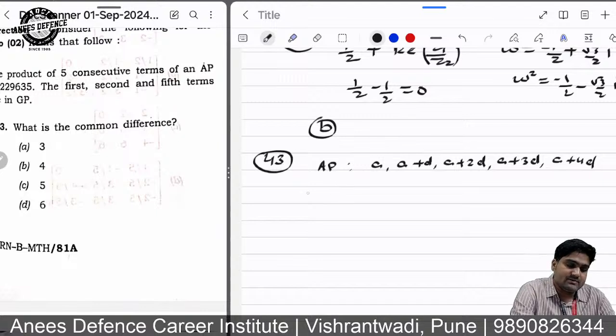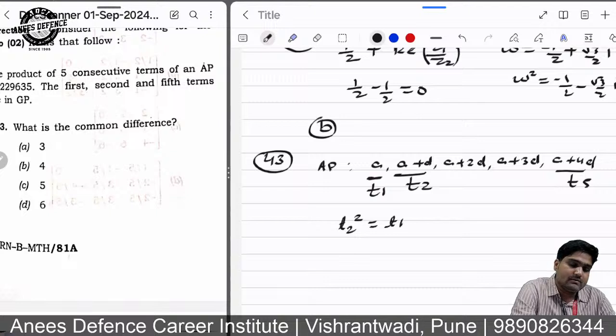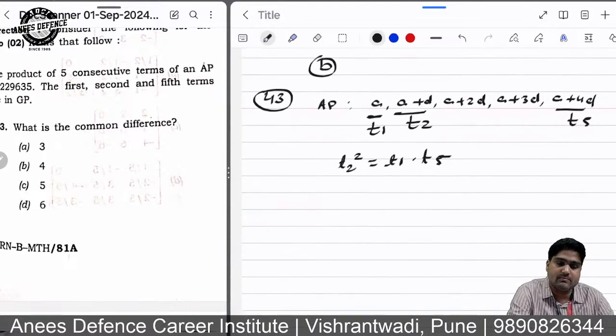One more piece of information is given here: the first, second, and fifth terms are in GP. So T1, T2, and T5 are in GP. That means the middle term square, T2 square, is T1 into T5. If three terms are in GP, the square of the middle term is the product of the first and last terms.